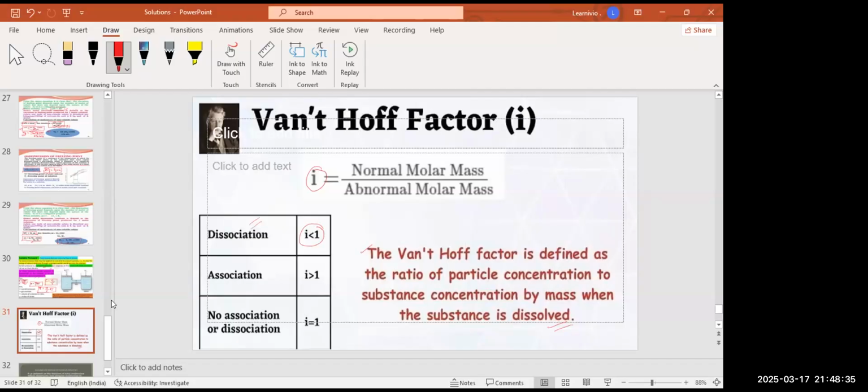For association, i is always less than 1. And if there is no association or dissociation, the value of i is equal to 1.